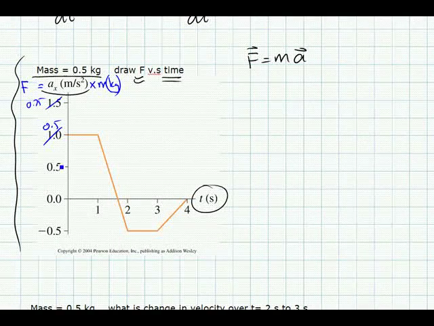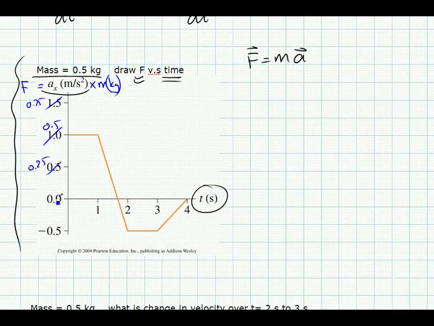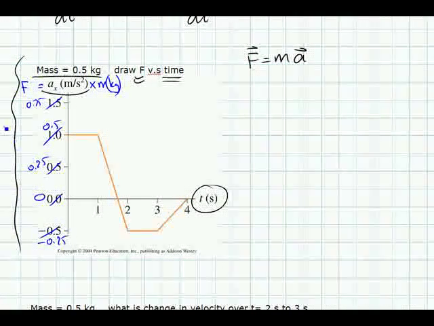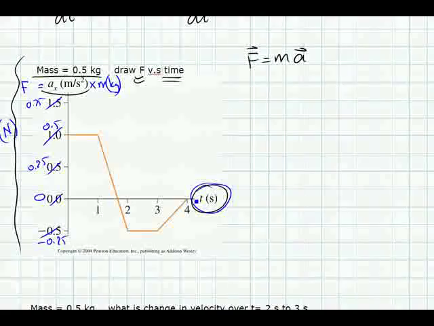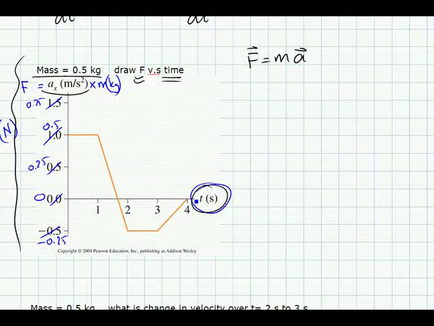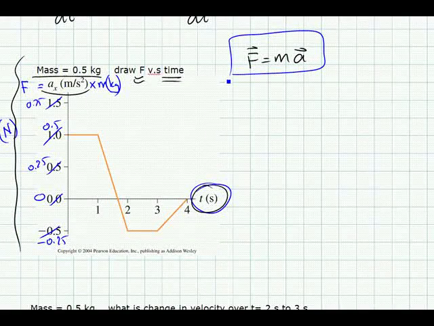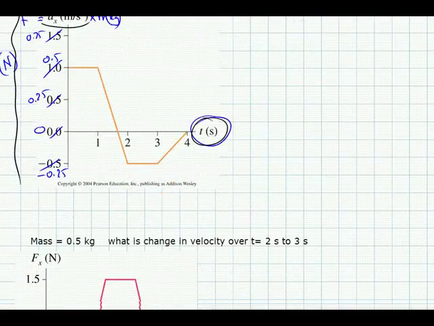This would be 0.75, so it would be 0.25, 0, negative 0.25, and the units of course will be in newtons. The time scale remains the same, so we can convert an acceleration versus time to force versus time simply by changing your vertical axis using Newton's equation here.